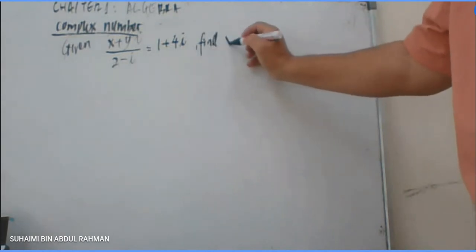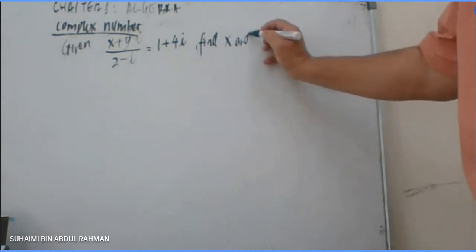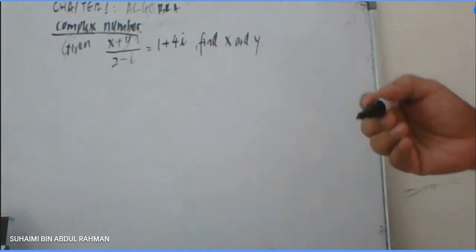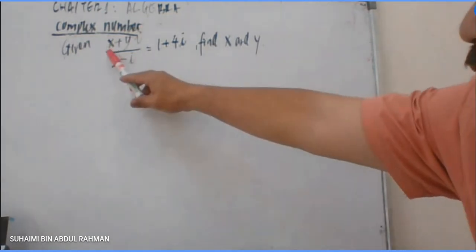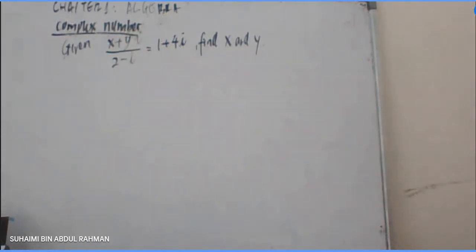Find x and y. Now, we want to find what's supposed to be the value of x and what's supposed to be the value of y there.